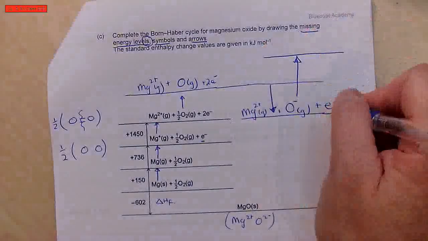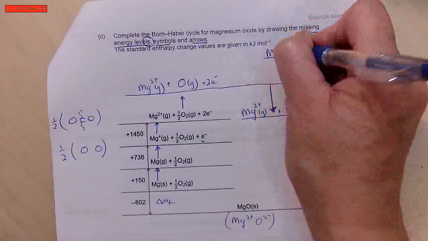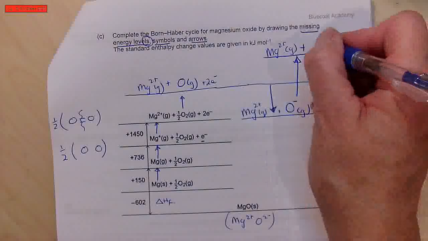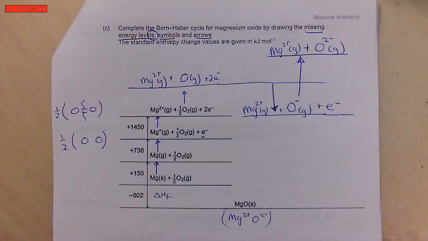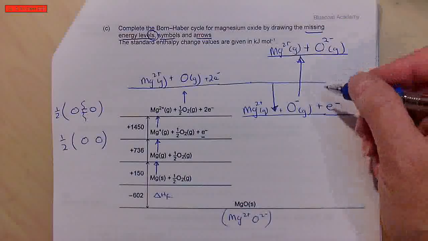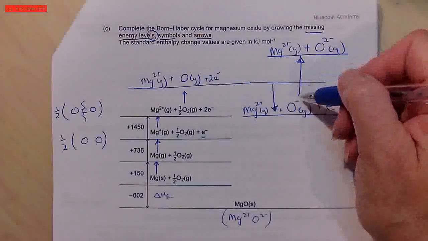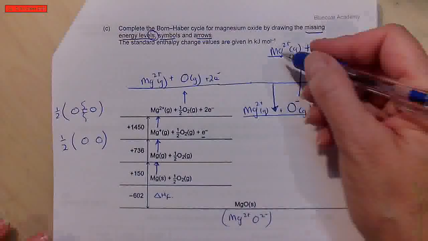I'm going to add the second electron in, so magnesium 2+ as a gas, plus, now that electron's been added into the oxygen, so it's O2- as a gas, and that electron's disappeared because it's gone into that oxygen. So that is the second electron affinity of oxygen.